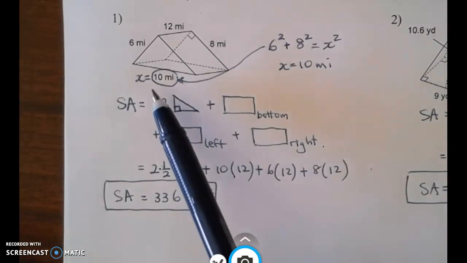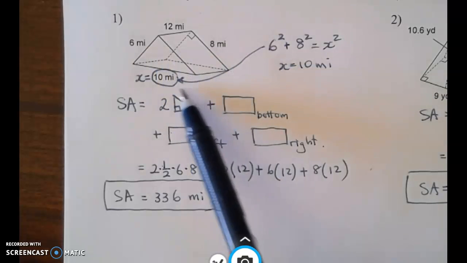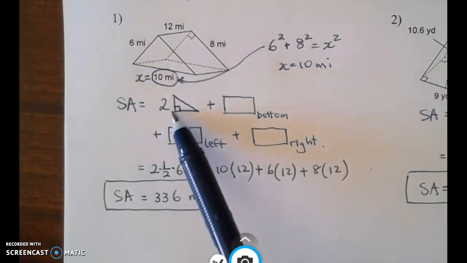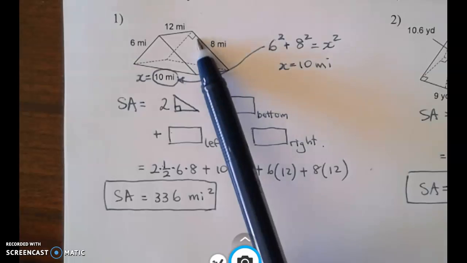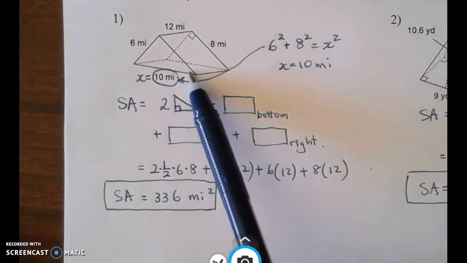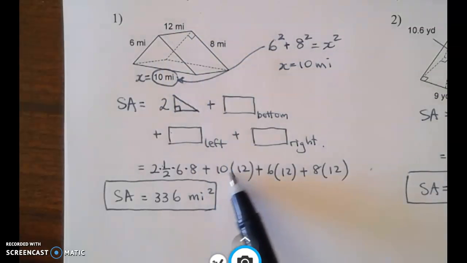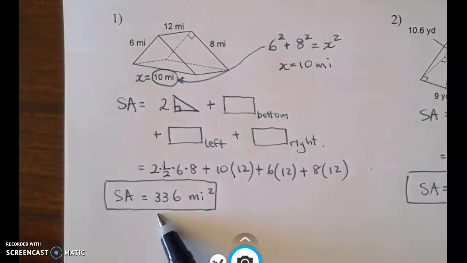Okay, so here we go. So we first calculated the hypotenuse of this right angle triangle to be 10 miles, and then surface area is going to be 2 base triangles plus the rectangles, the bottom rectangle plus this left rectangle and this right rectangle, and I've shown you the work there, and you should have gotten 336 miles squared.